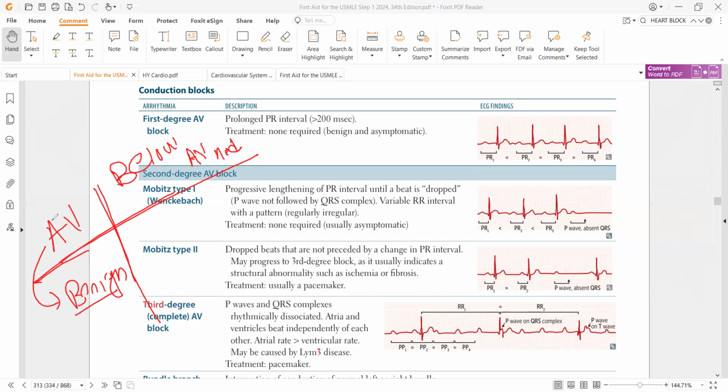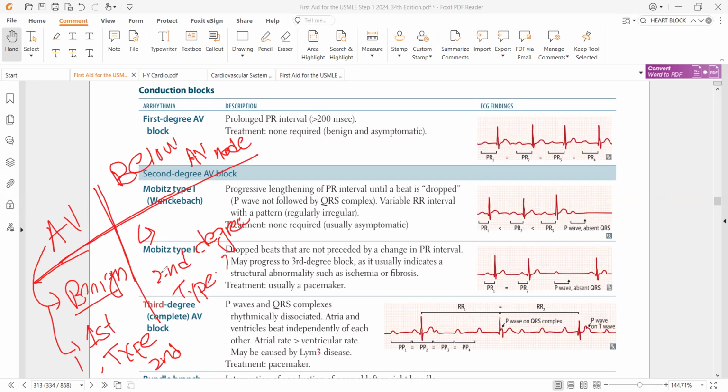So the pathologies within the AV node include the first degree and the second degree type 1. Below the AV node, the conditions are second degree type 2 and third degree heart block.